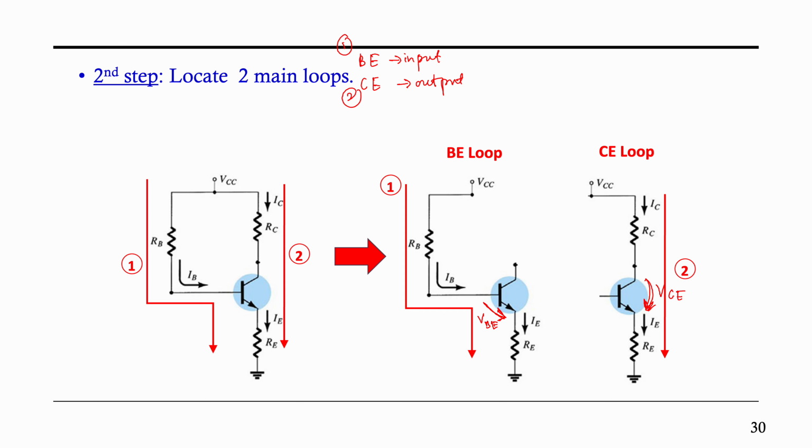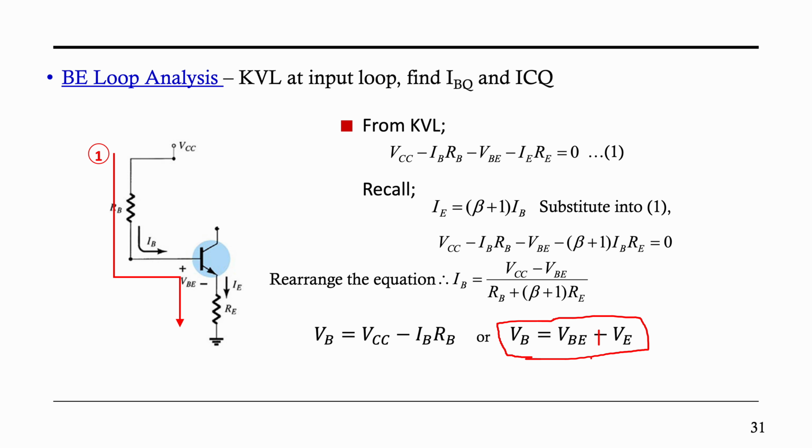Now let's go to the details of the analysis. The first one is the BE loop analysis. Always start your calculation by performing the KVL. So what is the KVL?